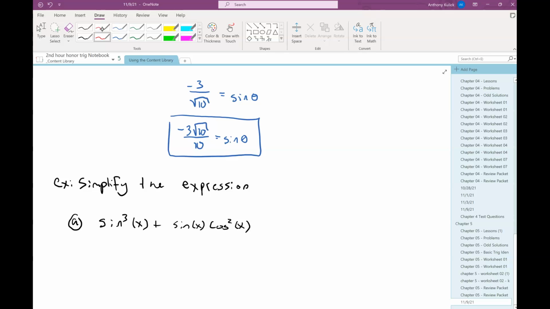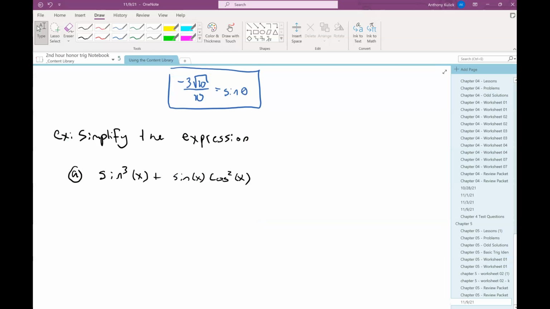Your tools to do that are going to be basic algebra things like factoring and foiling and distributing, making common denominators, adding fractions, that kind of stuff. And the identities that we just described on the previous sheet. So you can do either of those two things at any point, whether it's an algebra trick or applying an identity.